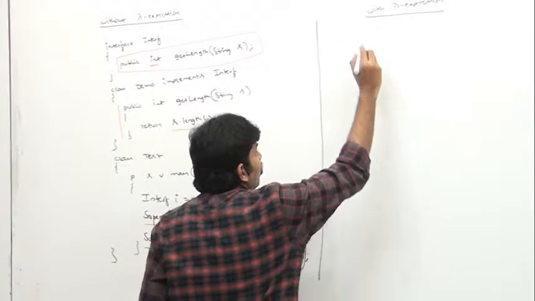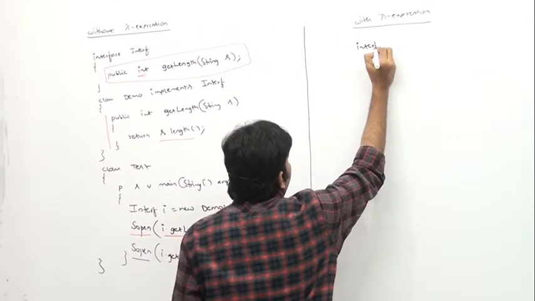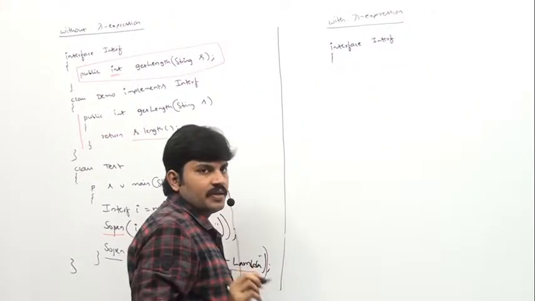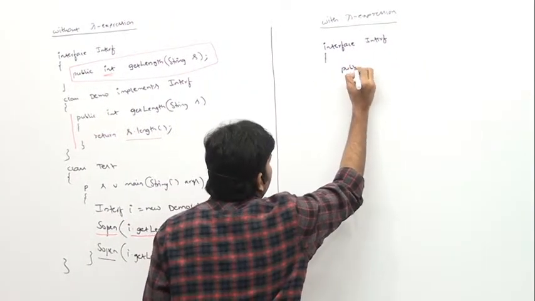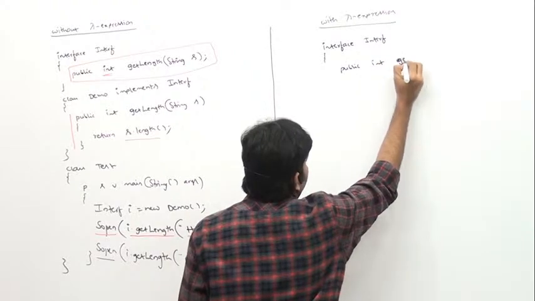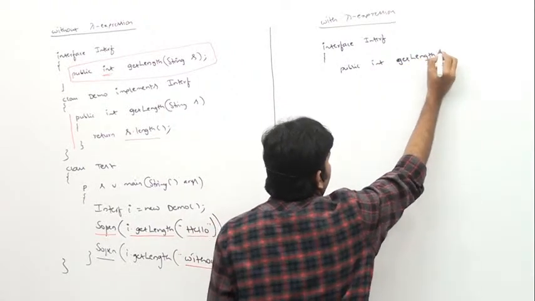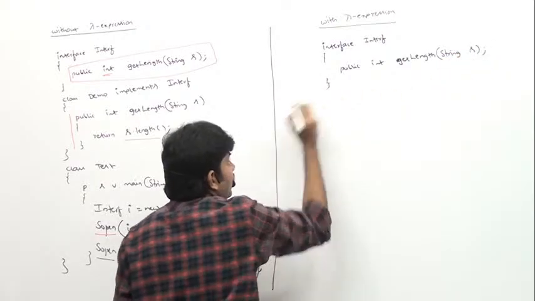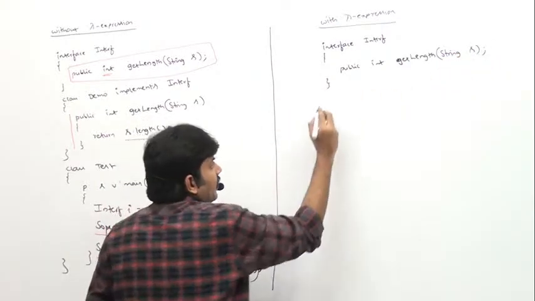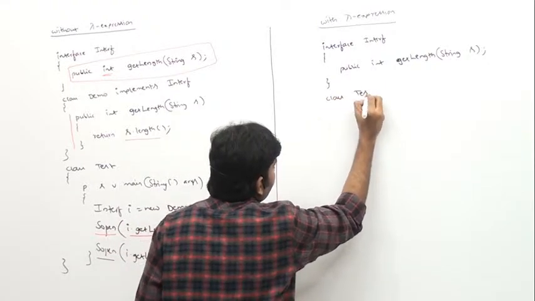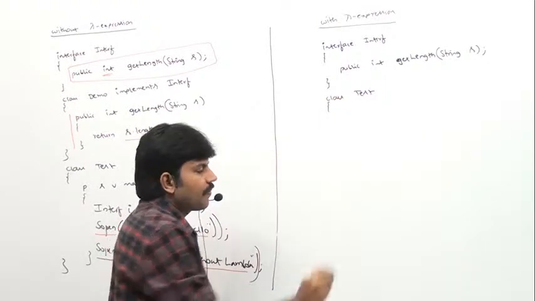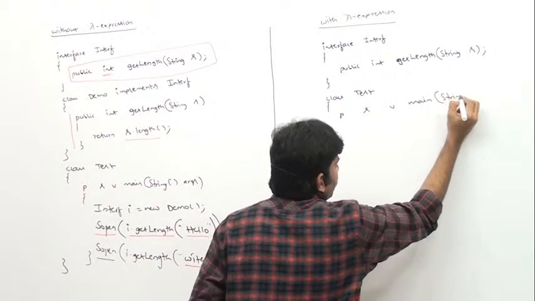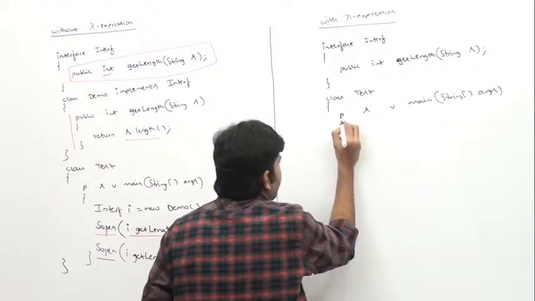Just let me write. Can you spell out what our interface is, right? Interface interrupt. Next, here I'm taking public int. What is the method, sir? Get length. Public int get length of string s. That's all. This is about my interface, right? Sir, I want to provide implementation for that. Class test, public static void main method, string array args.